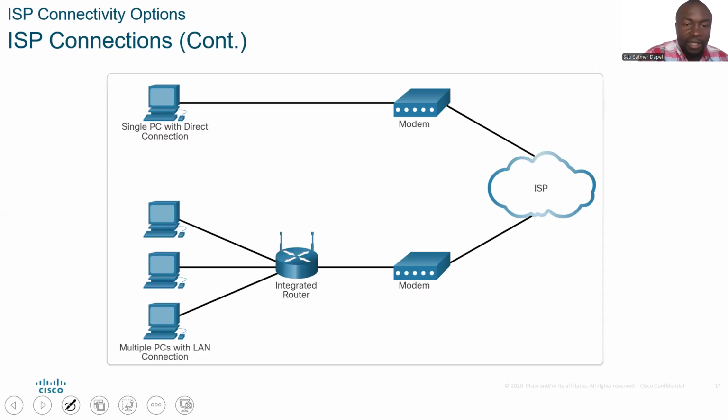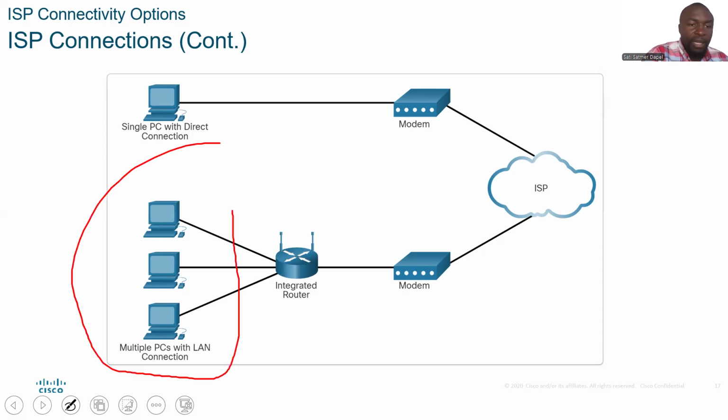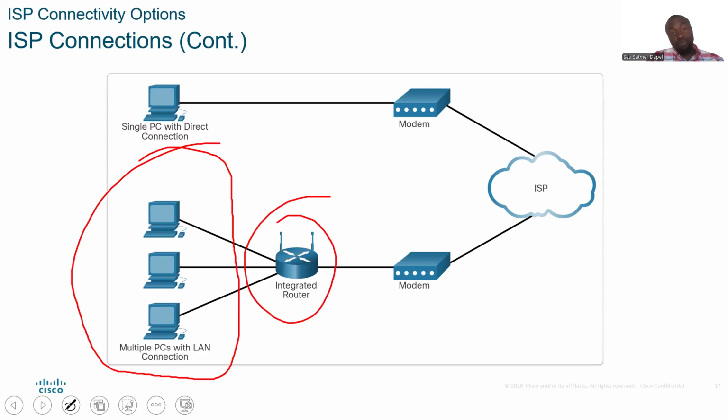So, for instance, this is a particular local area network where you have users that are connected, right? Now, that set of network is connected to a router. That router is what serves them, and it's going to be like a border. This router is like a wireless router.